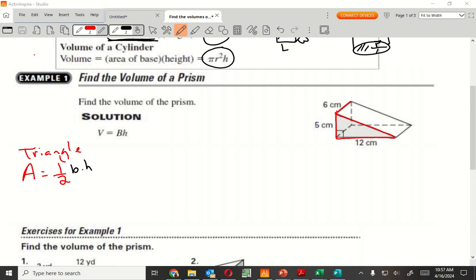And in this case, my base would be my bottom, this piece down here, and the height of the triangle goes up this way. So this is supposed to help with spatial awareness, just taking it one piece at a time. So 1/2 base times height. Okay, what'd you get? 30.